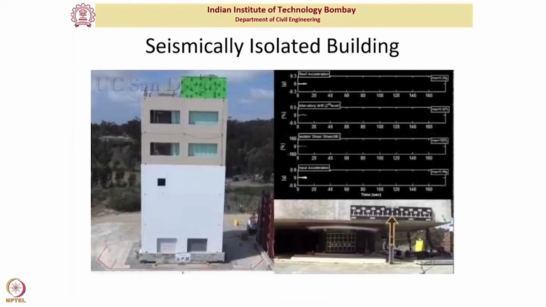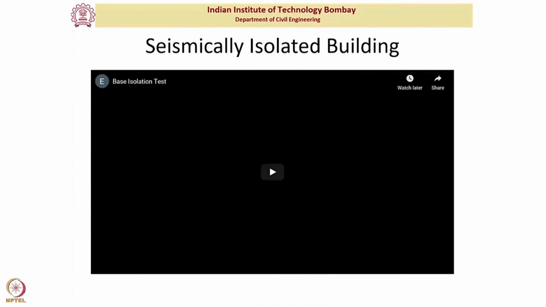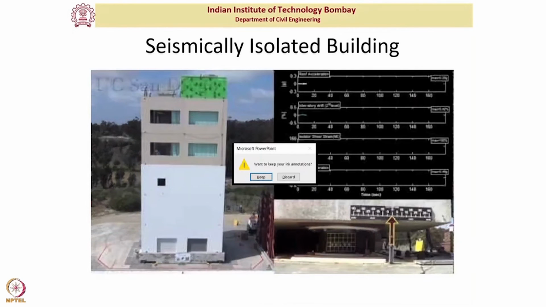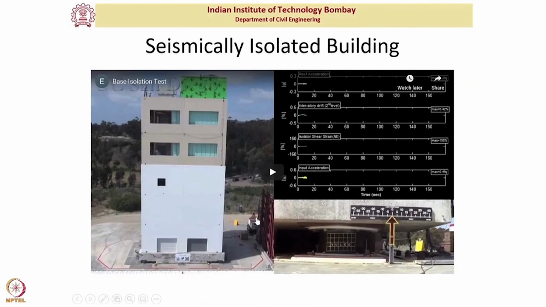So what I want to show you here is basically an example of a building. Okay, it's a full scale building. I don't know whether you know this or not, this is a shake table facility at the University of California, San Diego. This is one of the biggest shake table facilities in the world. And what you see here is a structure that is built on top of it.